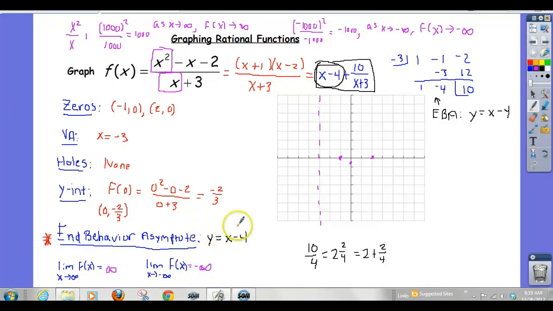Now my end behavior asymptote is y equals x minus 4, so that has a y-intercept of negative 4 and a slope of 1. Now just keep in mind, I don't want to make this a straight line. I need to dash this, right? Because it's an asymptote, so it's not actually part of the graph. It's an invisible line that guides the graph. So I'm just going to dash in the asymptote.